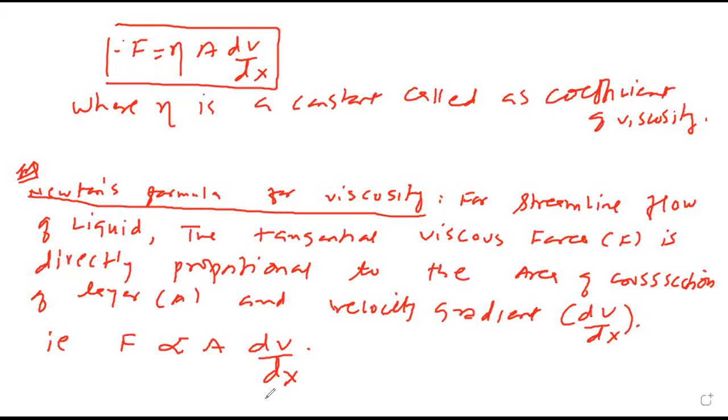Done, sir. So eta will become F divided by A dV by dx.